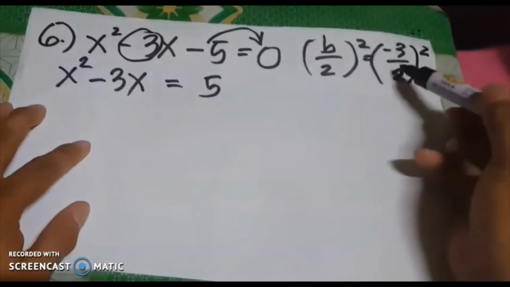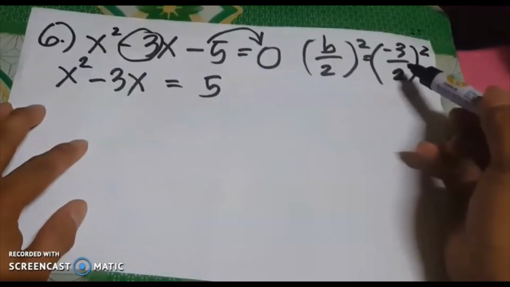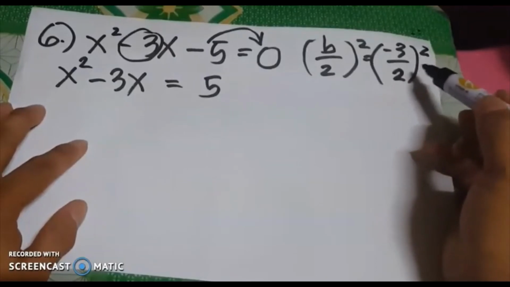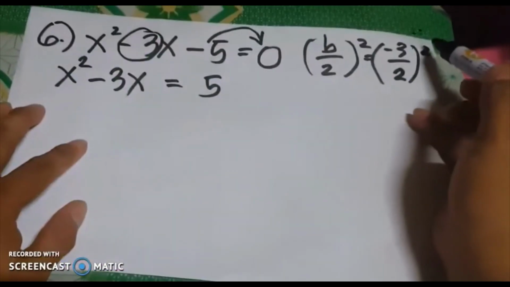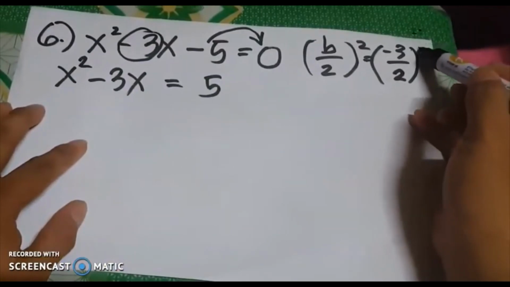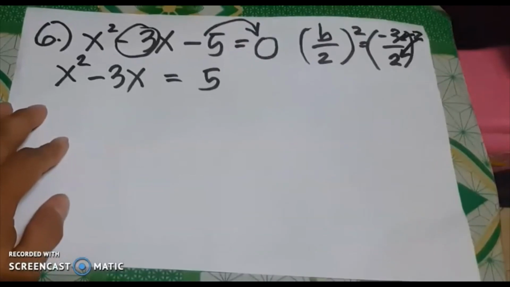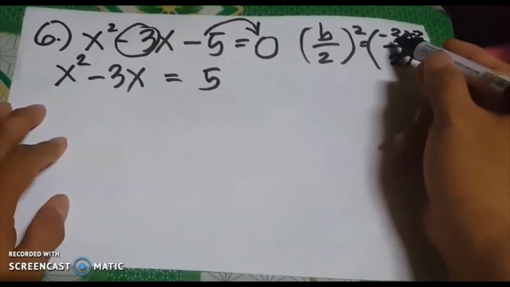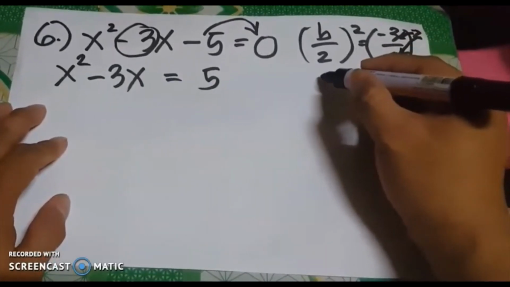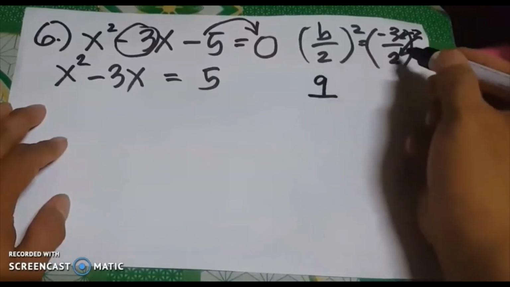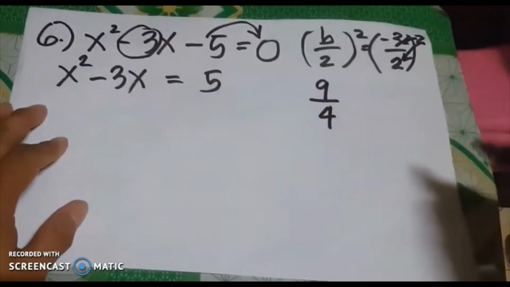So, hindi siya exactly divisible. So, even if it's not exactly divisible, pwede pa rin tayo mag-answer. That is by distributing this exponent on both numerator and denominator. So, we'll come up here with negative 3 squared is 9 over 2 squared is 4.